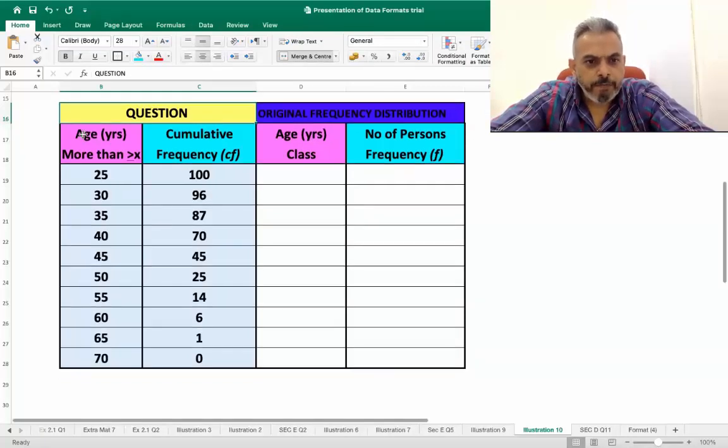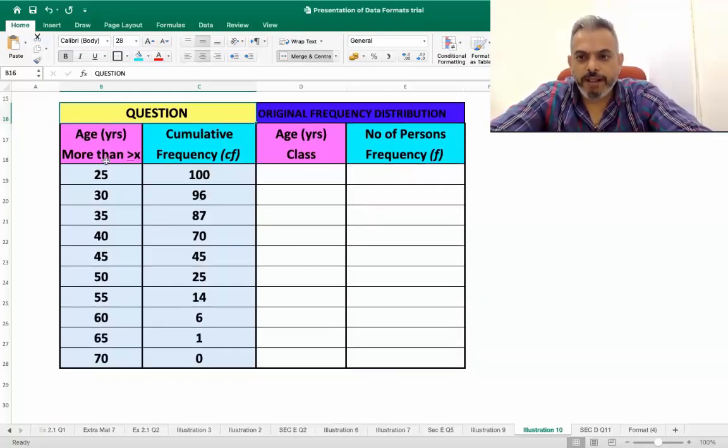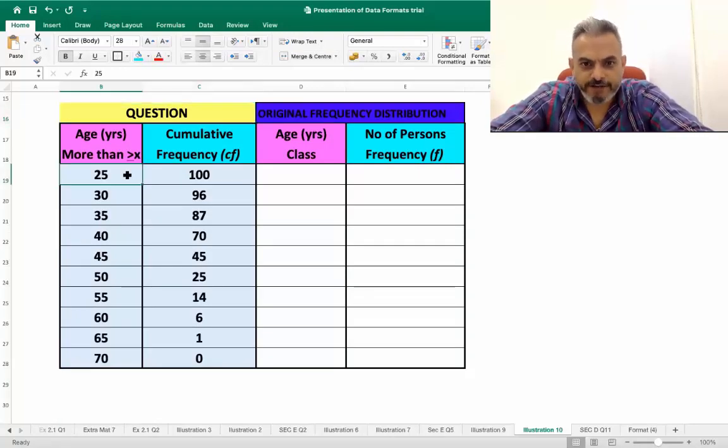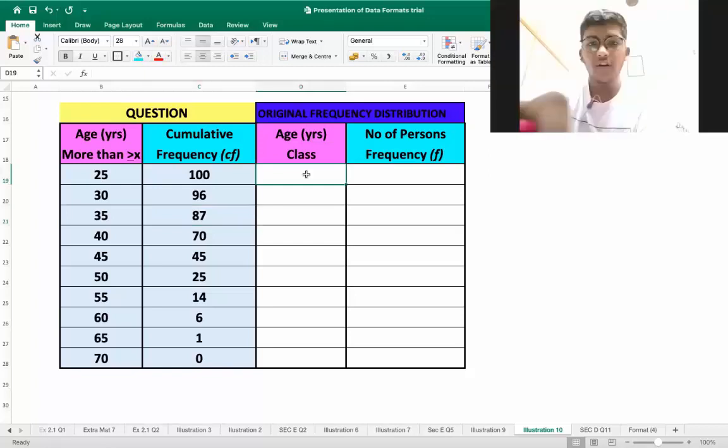Over here, more than type cumulative frequency distribution is given. So more than 25 is 100, more than 30 is 96, more than 35 is 87. So what will the first class be? 20 to 25?